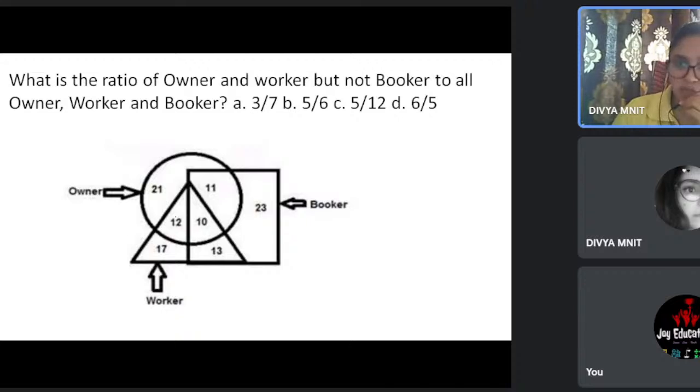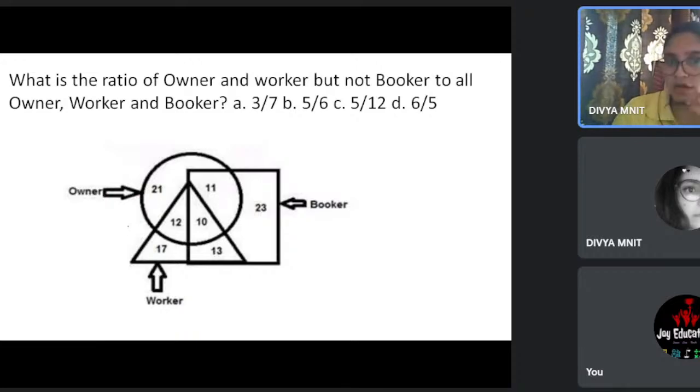Then this part is 12, 70 and 21. 21 is only the owner, 17 is only the worker, and 12 are the owner and worker. So we have to find the ratio of owner and worker, but not the booker, to all the owner, worker, and booker.